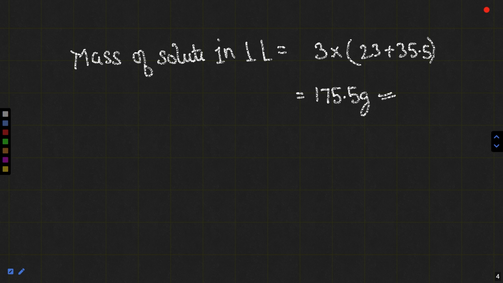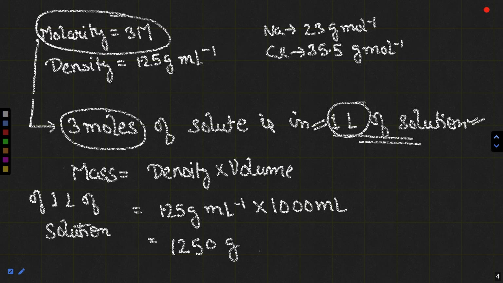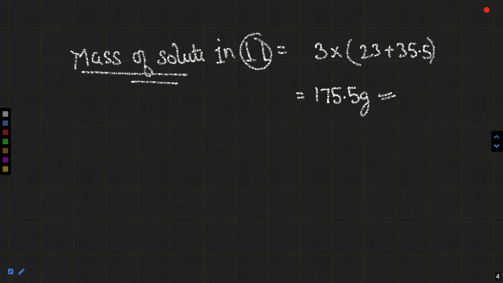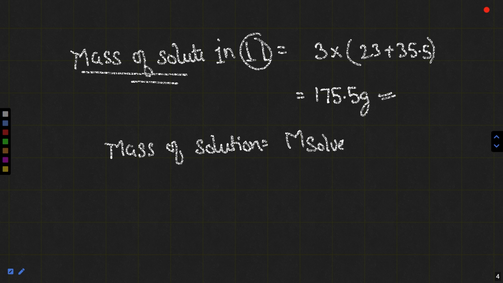So we know the mass of the solute in 1 liter, and we also know the mass of 1 liter of solution. So can we say that mass of solution is equal to mass of solvent plus mass of solute? It's very easy to understand this concept because a solution has solvent and solute only as components.